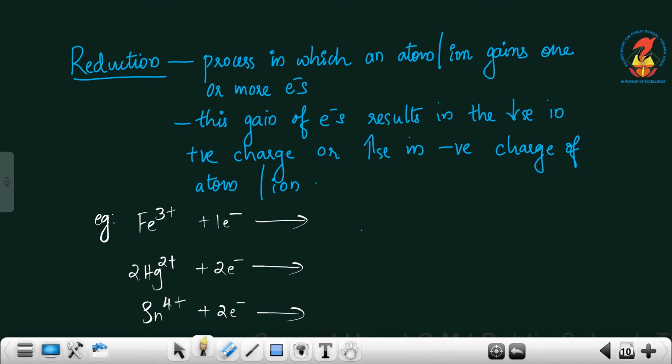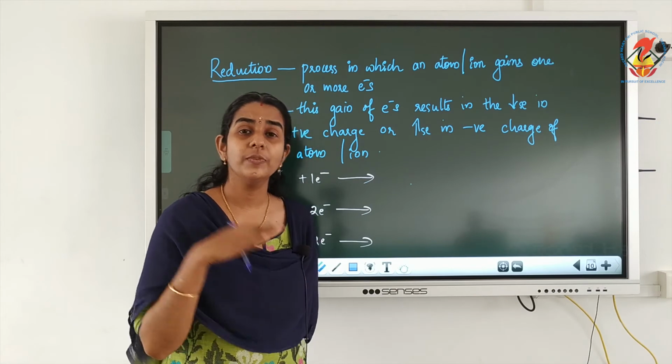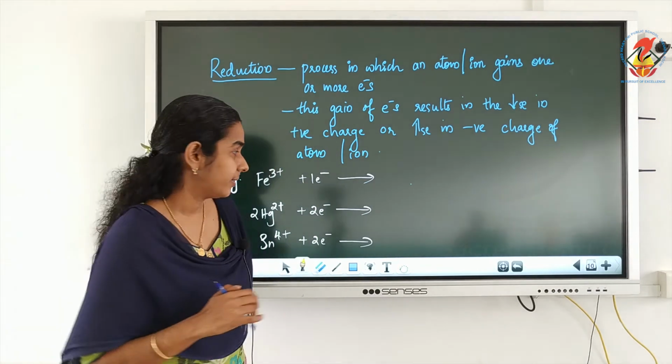Definitely, this gain of electron will result in a decrease in positive charge and an increase in negative charge, just opposite to oxidation. During oxidation, there will be an increase in positive charge, but here there will be a decrease in positive charge. During oxidation, there will be a decrease in negative charge, but here there will be an increase in negative charge. Increase in negative charge means minus 2 will become minus 3.